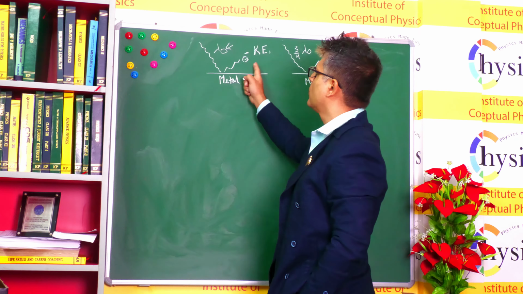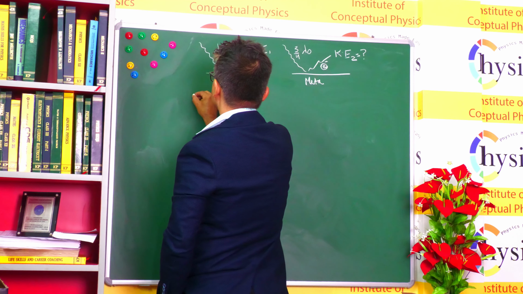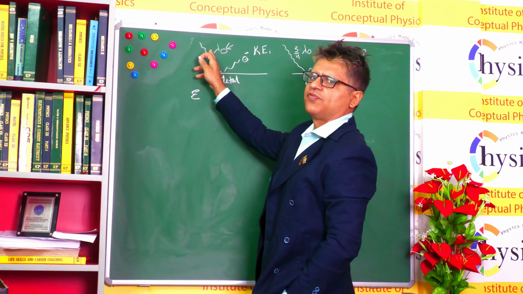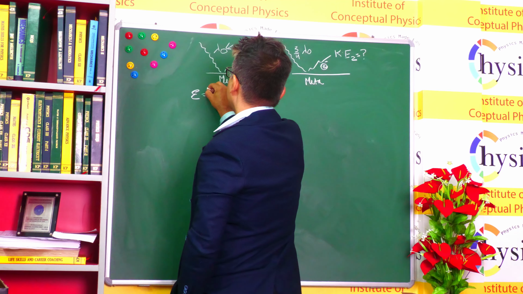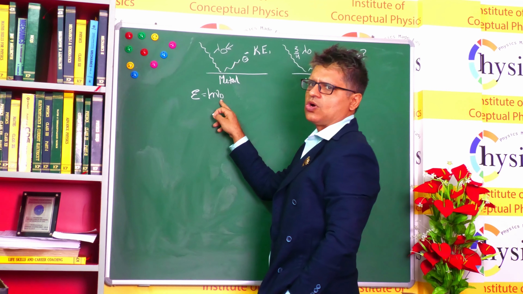So let's write the equation for this and equation for this. This is your total energy which is available to you. The energy available from this photon is h nu naught, but nu naught is not known to you.